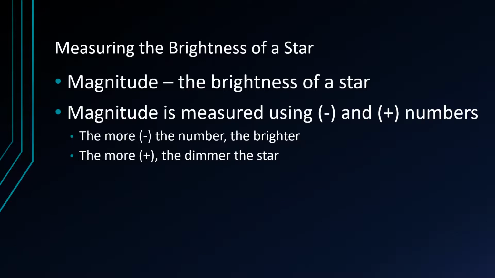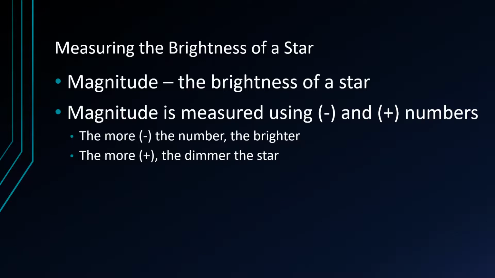But when it comes to magnitude, negative numbers mean brighter, and positive numbers are dimmer. Very strange. I don't totally understand.